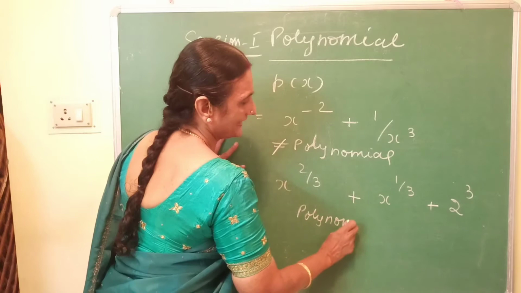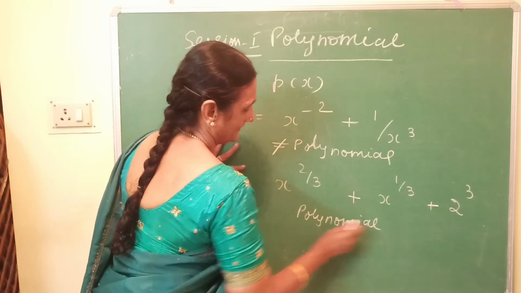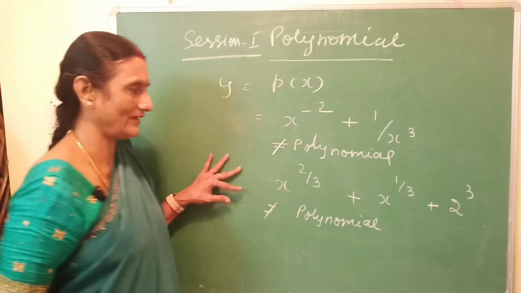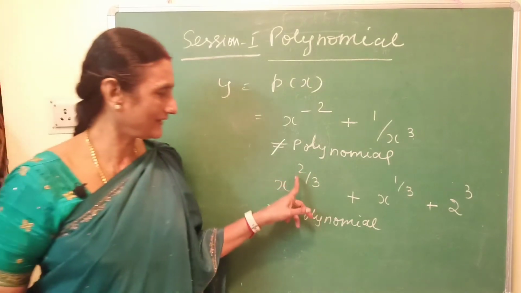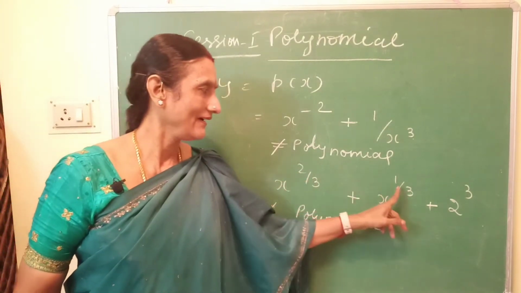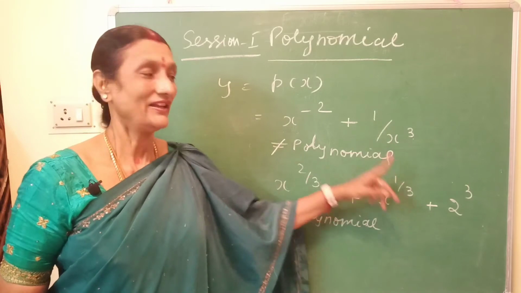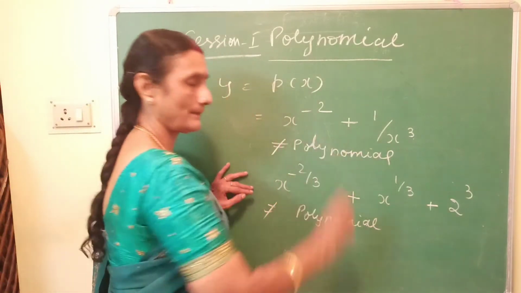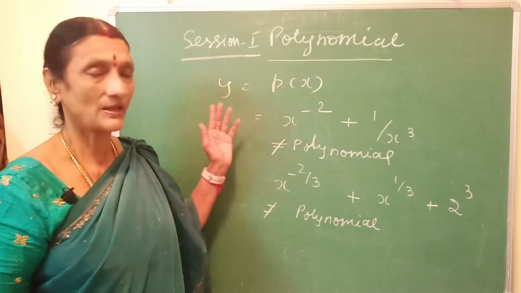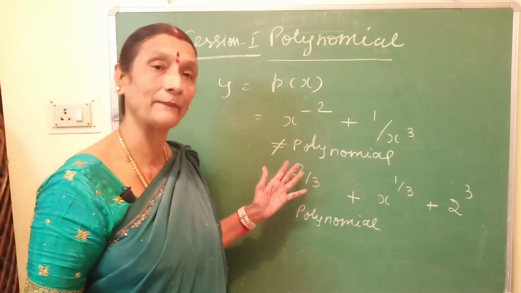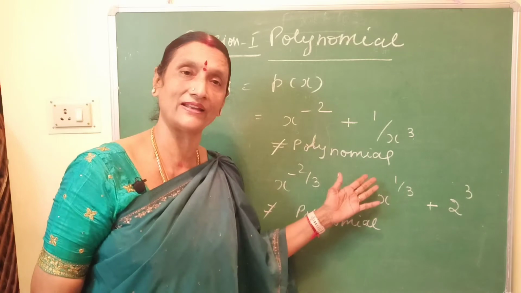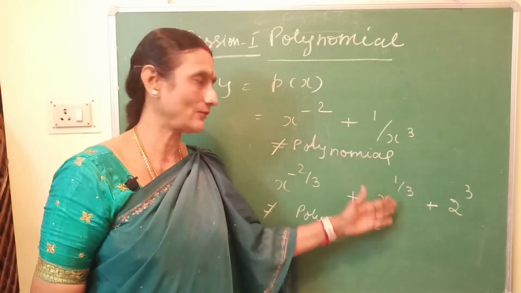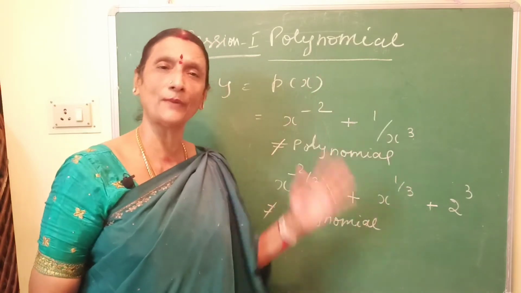Why? Because the powers of the variable are fractions. It may be positive or it may be negative. Here I have quoted a positive fraction. Suppose it is a rational number like minus 2 by 3 and then this power is a positive rational number, say 1 by 3, this is also not a polynomial.